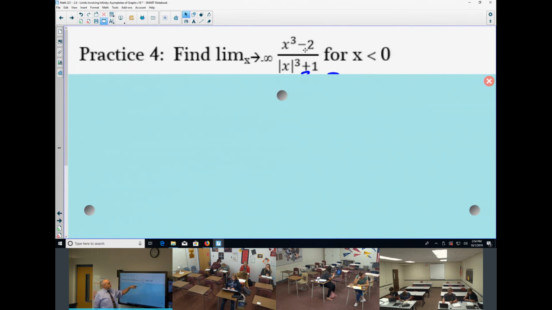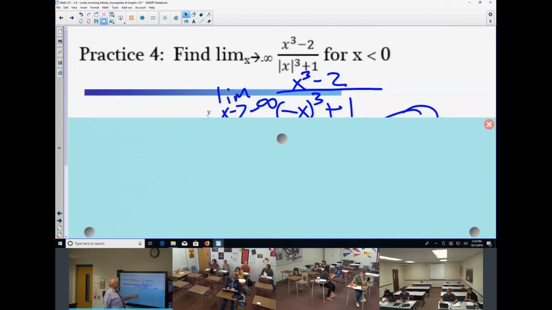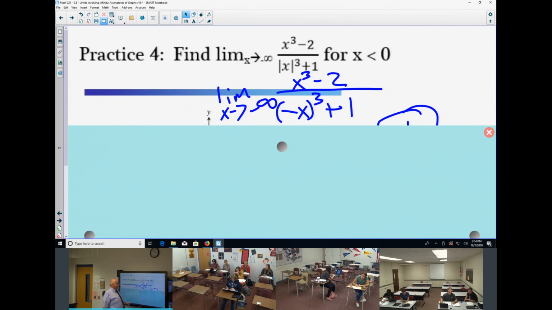Okay? So what are we going to replace the absolute value of x with if x is less than 0? Negative x. So this is going to be like negative x cubed.